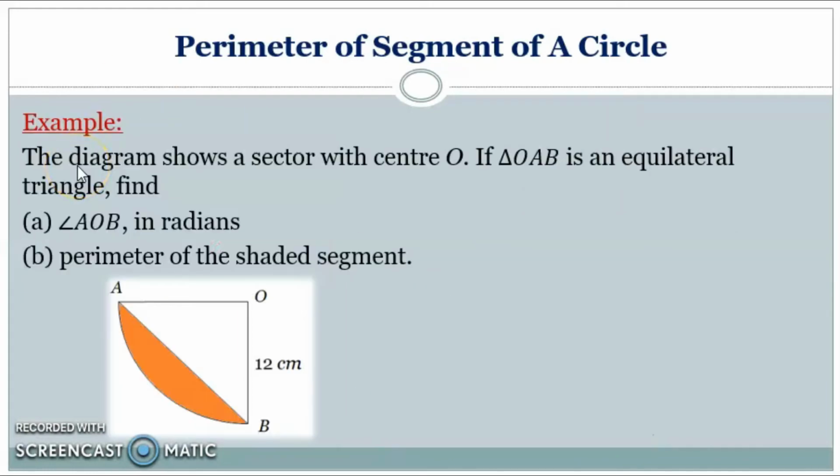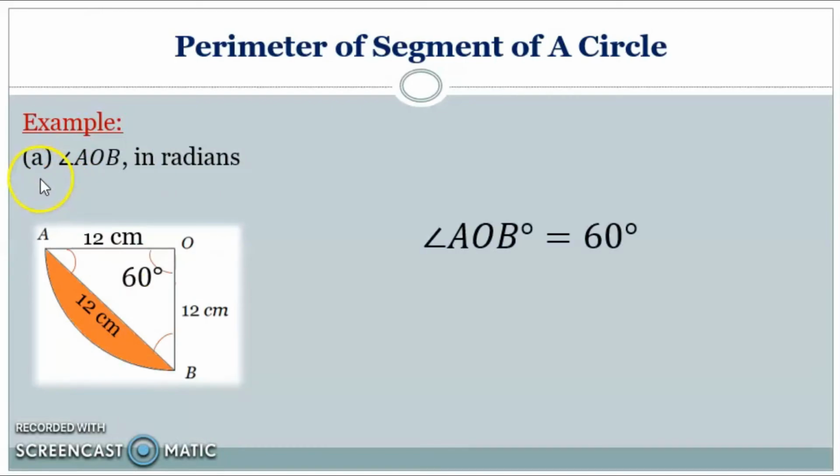Let us try one example together. The diagram shows a sector with center O. If triangle OAB is an equilateral triangle, find A, angle AOB in radians, and B, perimeter of the shaded segment. For part A, since triangle AOB is an equilateral triangle, therefore angle AOB is equal to 180 degree divided by 3, that is 60 degree.